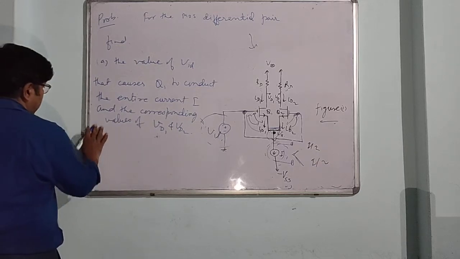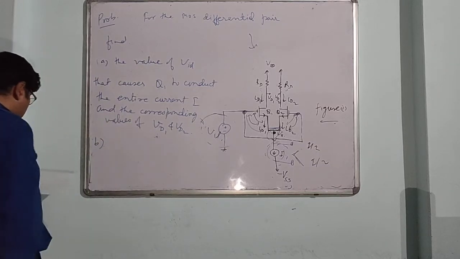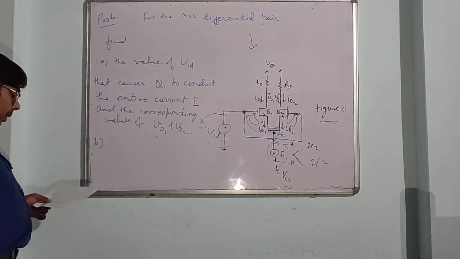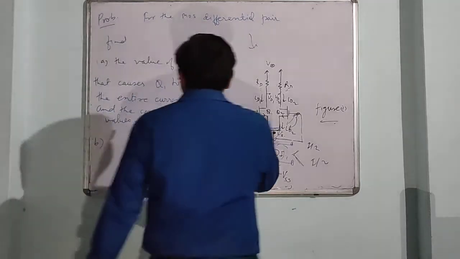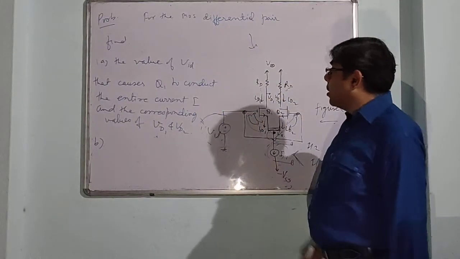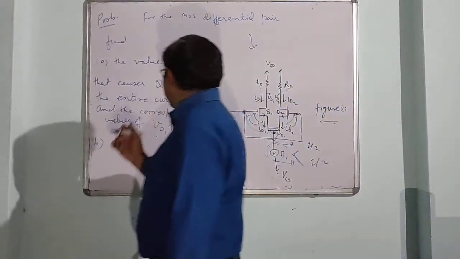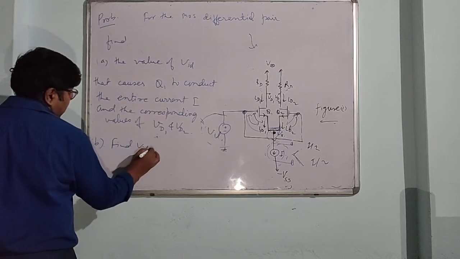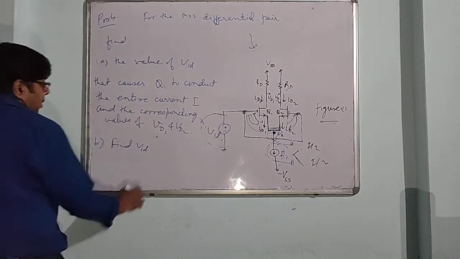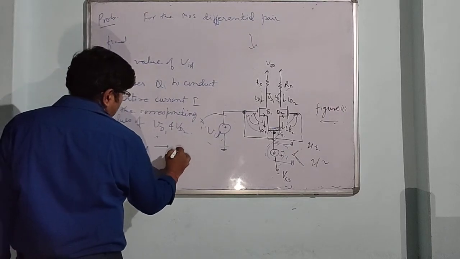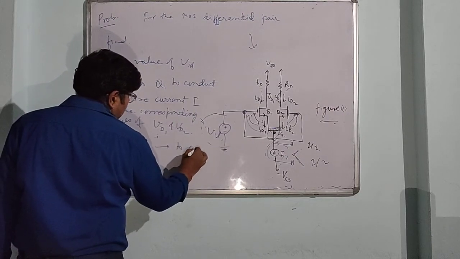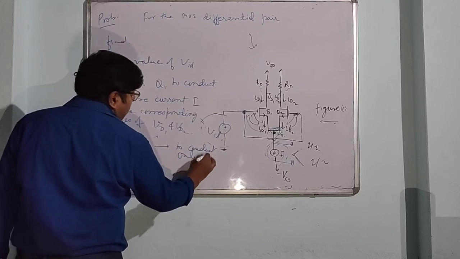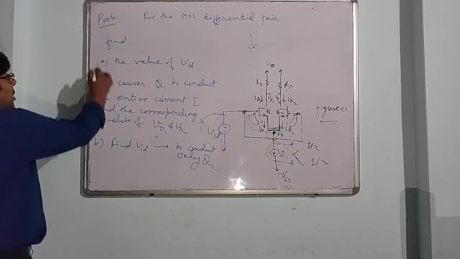In the second part, the value of VID that causes Q2 to conduct. So opposite of this, in the second part we have to find VID to conduct only Q2, the opposite of the first part.